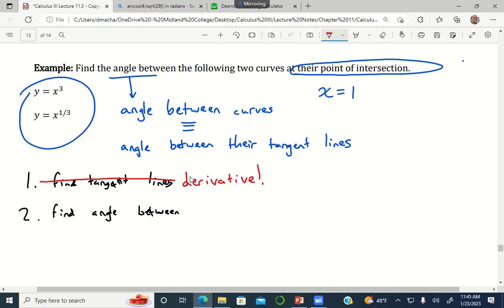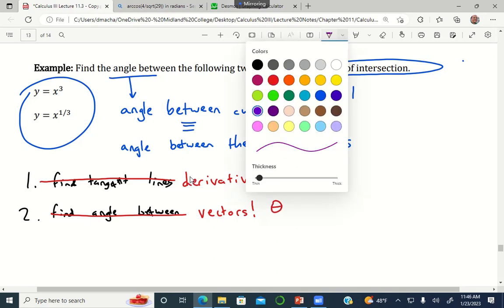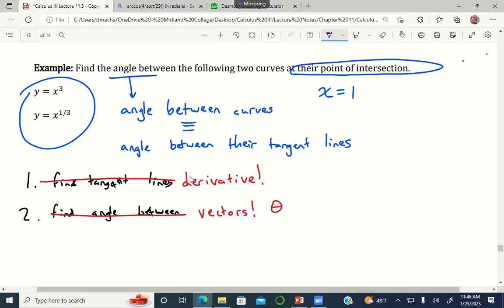And then for finding the angle between lines, instead of finding the line, I can just find the angle between vectors, which I know how to do. The derivative of x cubed is going to be 3x squared. When I evaluate this 3x squared at the point x equals 1, that derivative is 3.